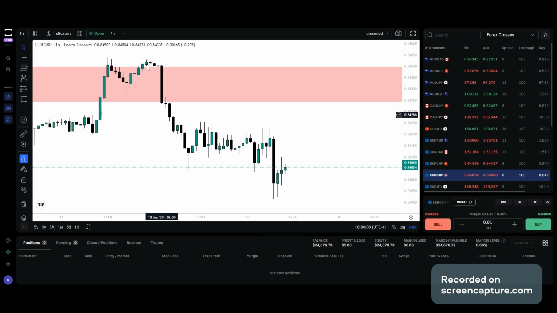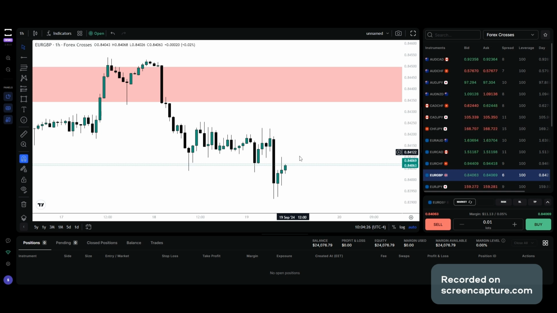Price came back, didn't quite get back into 50% and continued to go lower. And same thing here. Didn't come up quite as high as I would like it to. It did take out minor buy side liquidity here and then went lower. We have this 1 hour imbalance here or sell side imbalance, buy side inefficiency.